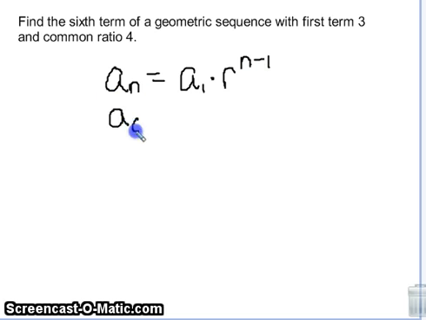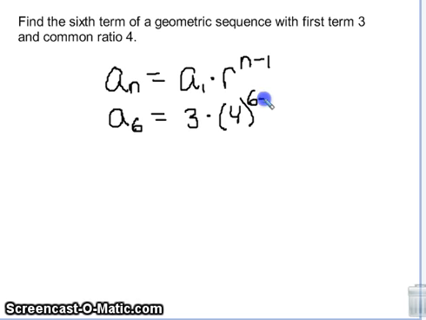We want the sixth term. So we're going to start with the first term of 3. Our common ratio is 4. And we're going to plug in what for n this time?